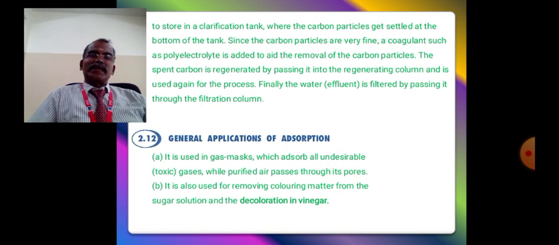First point is activated carbon. Activated carbon is used in gas masks to absorb toxic gases. Second, activated carbon is also used in the decoloration of sugar solution and vinegar, for removing coloring matter.